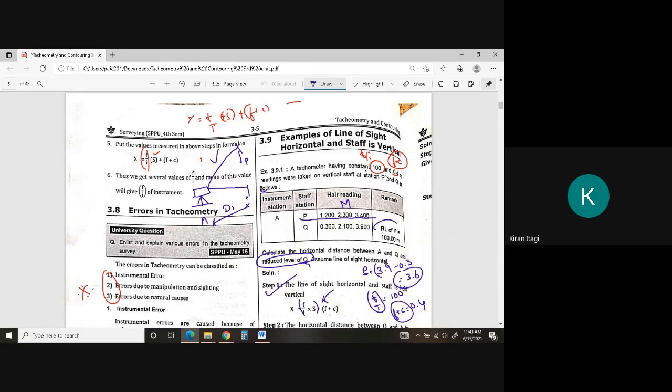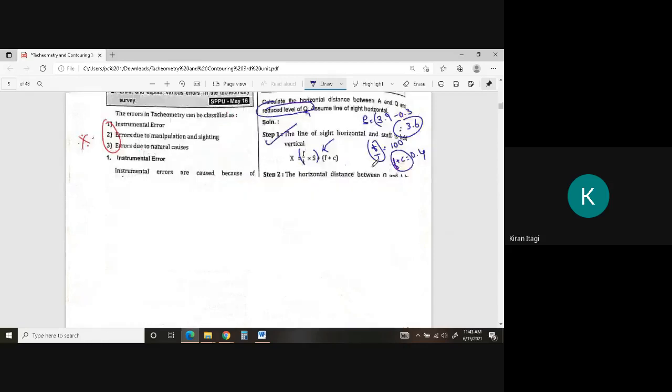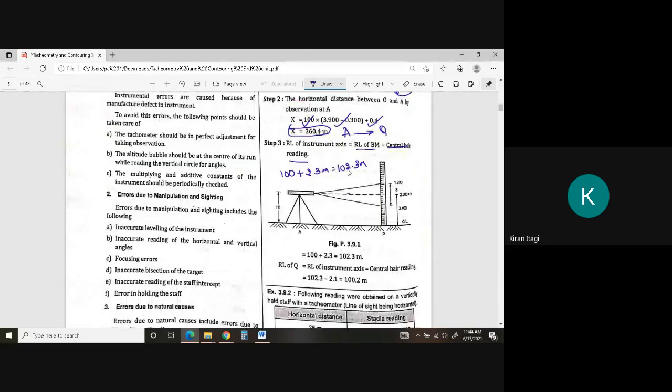Therefore the height of the instrument will be 100 plus 2.3, that is 102.3 meters. This is 100 here and this is 2.3, so this level will be 102.3 meters.